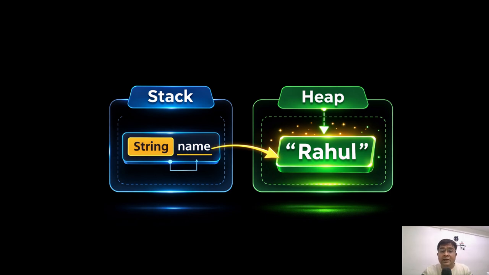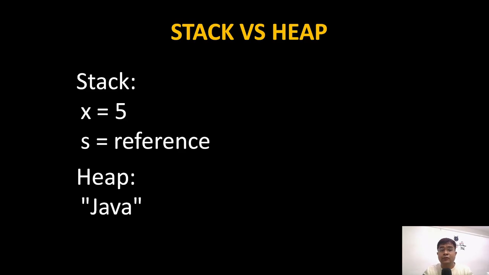If we compare this to an analogy, non-primitive data types are just like a debit card that doesn't store the money, but it points to the money. So when we write int x = 5, String s = "Java", x stores the value that is 5, but s stores the reference.